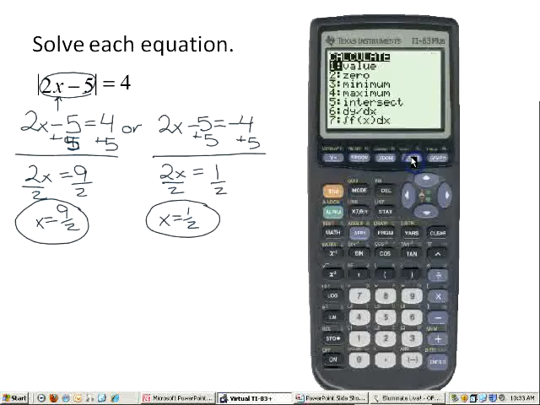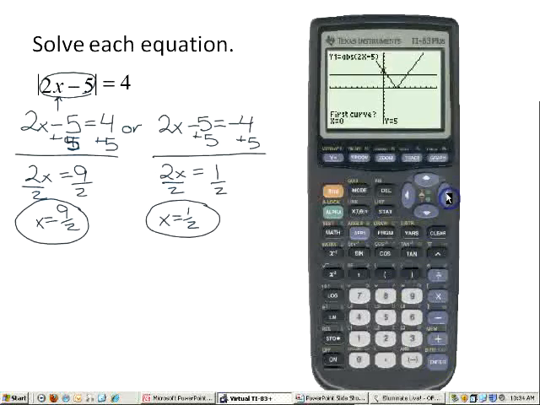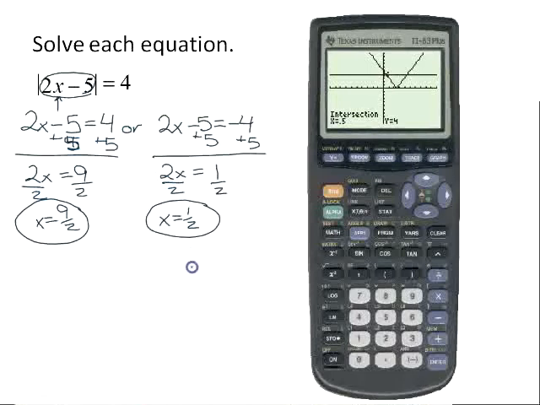Remember how you can find that graphically. You do second trace and go down to the fifth option, which is intersect. And you just use your side arrows to move your cursor close to the intersection. Once you get it close to the intersection, do enter, enter, enter. As long as you stay close, that's all that matters. So there's the x equal 0.5, which is this solution.